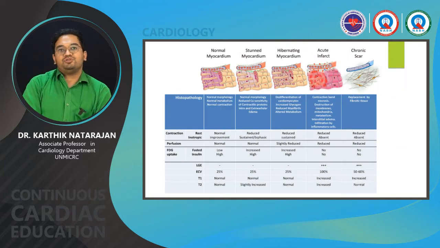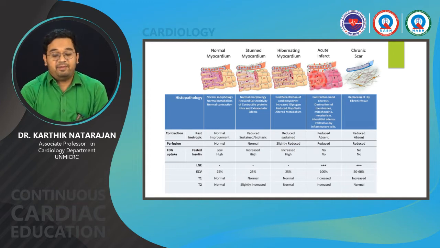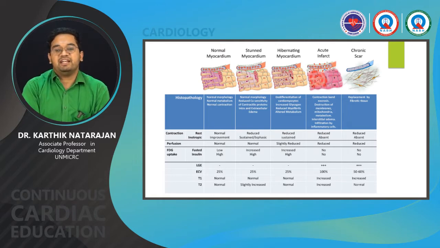This table shows you the evolution from a normal myocardium to a stunned myocardium to a hibernating myocardium to an acute infarct and chronic scar. So histopathologically, you can see the differences from a normal morphology and normal metabolism to contraction, then going towards a stunned myocardium where you have reduced calcium sensitivity of the contractile proteins with intra and extracellular edema, with a dedifferentiation of the cardiomyocytes in hibernating myocardium, and then an acute infarct, which is commonly seen in acute coronary syndromes or myocardial infarction STEMI.